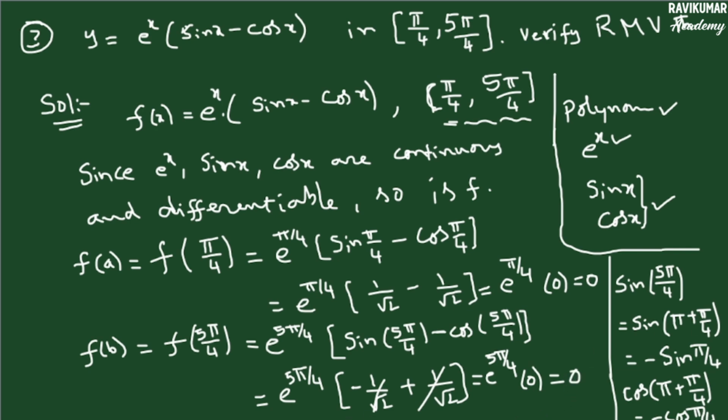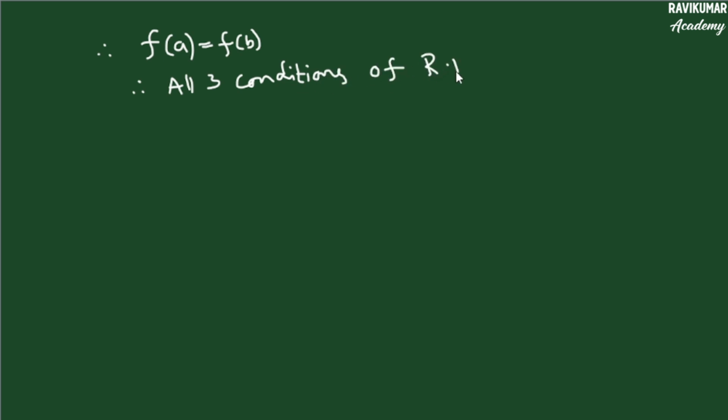So therefore, f(a) is equal to f(b). The third condition is also satisfied. Therefore, all three conditions of Rolle's mean value theorem are satisfied.